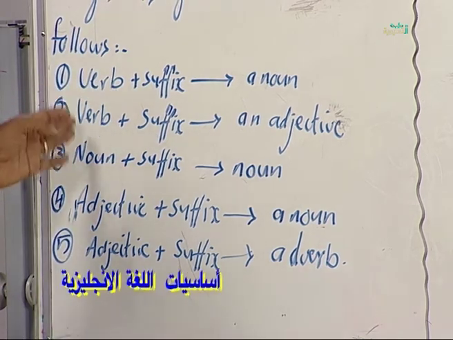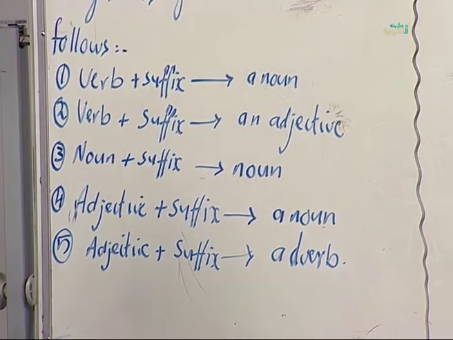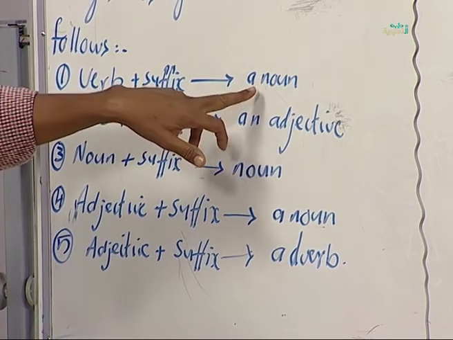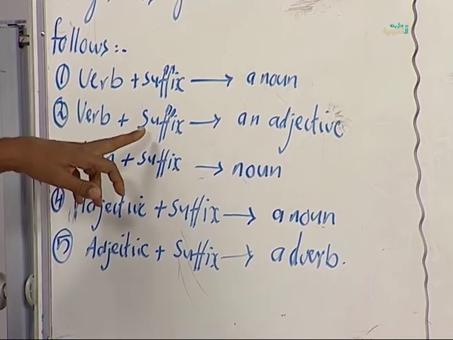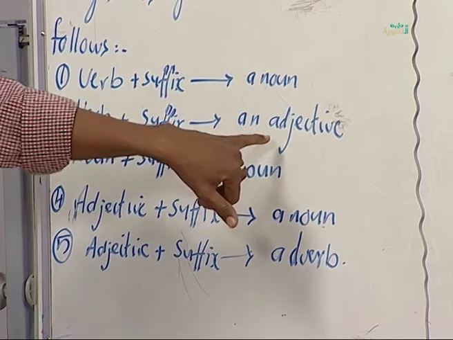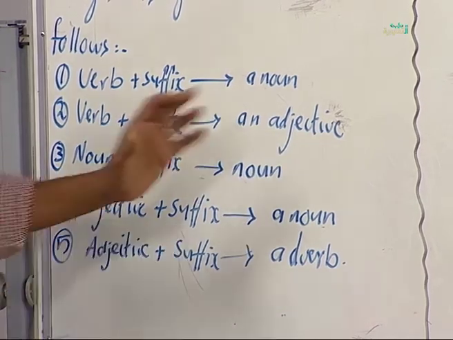Why? Because it is going to have a new grammatical use. When we change a verb to a noun, we have to use it as a noun. And when we change a verb to an adjective, we have to use it as an adjective.